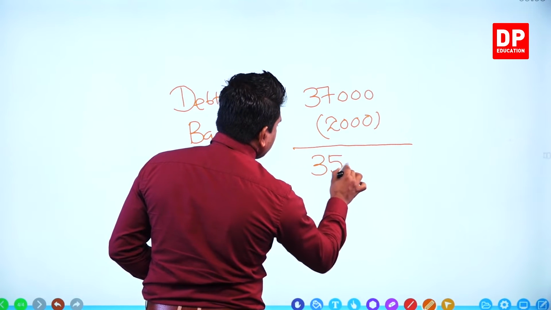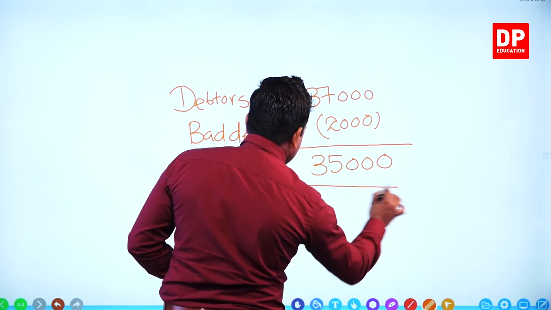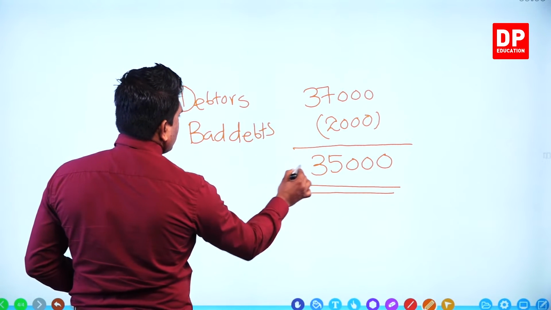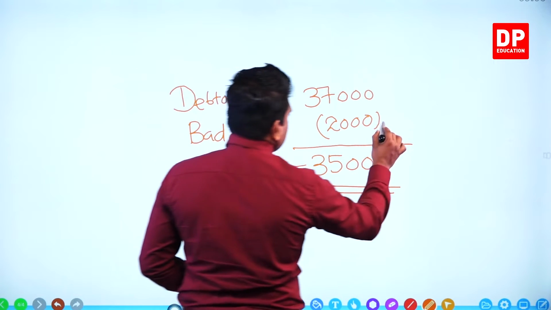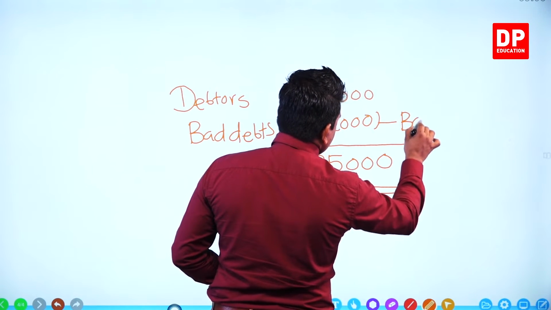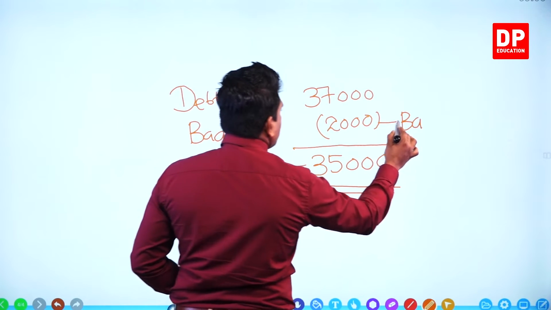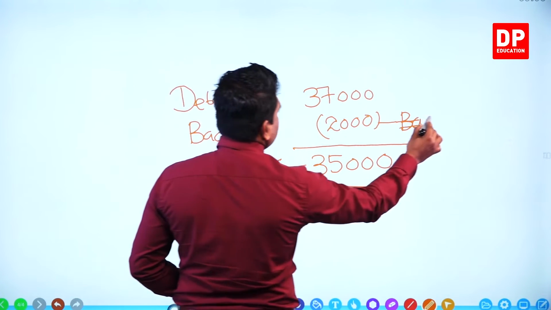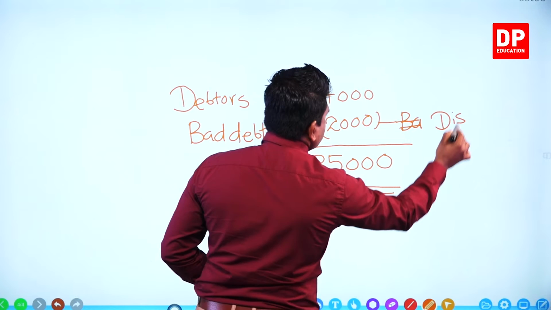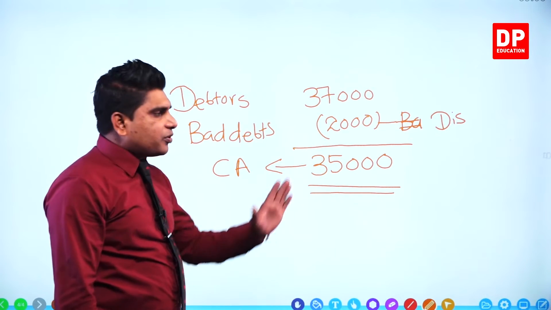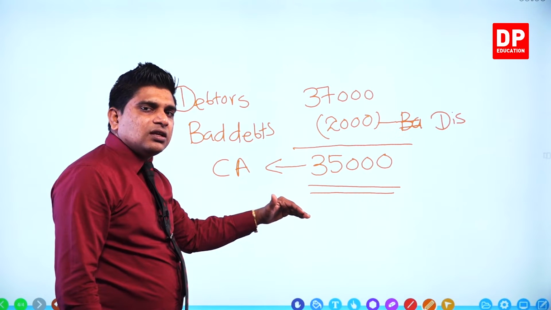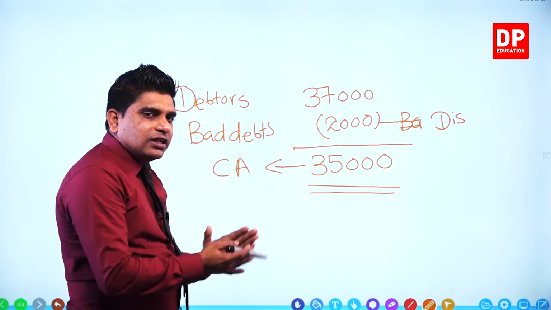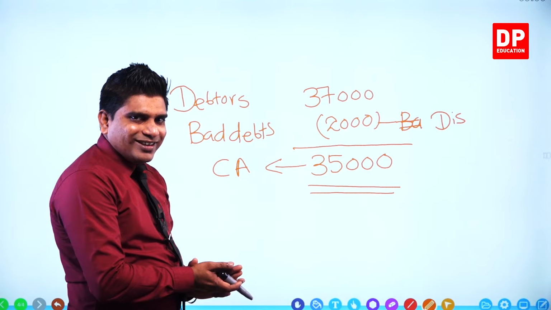Tell me the real debtor value now, how much? Real debtors, this one, 35,000. It goes under the current assets. What is this? This is bad debts. Where do we write bad debts? Under the distributing expense, you write down this under the answer, right?